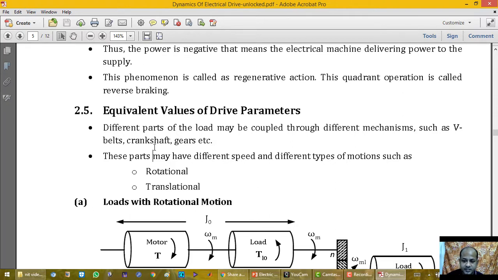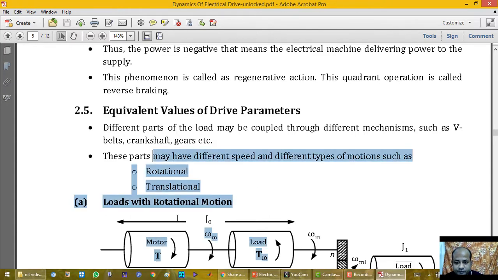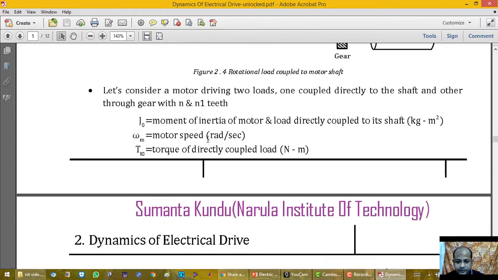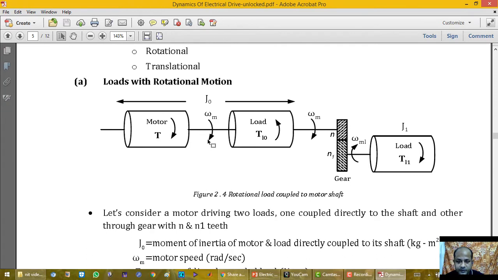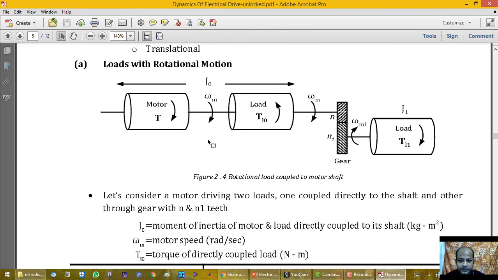So first we are going to discuss load with rotational motion. Here is the schematic of the load which is connected with the motor's shaft, and here two loads are connected as we see in the figure.